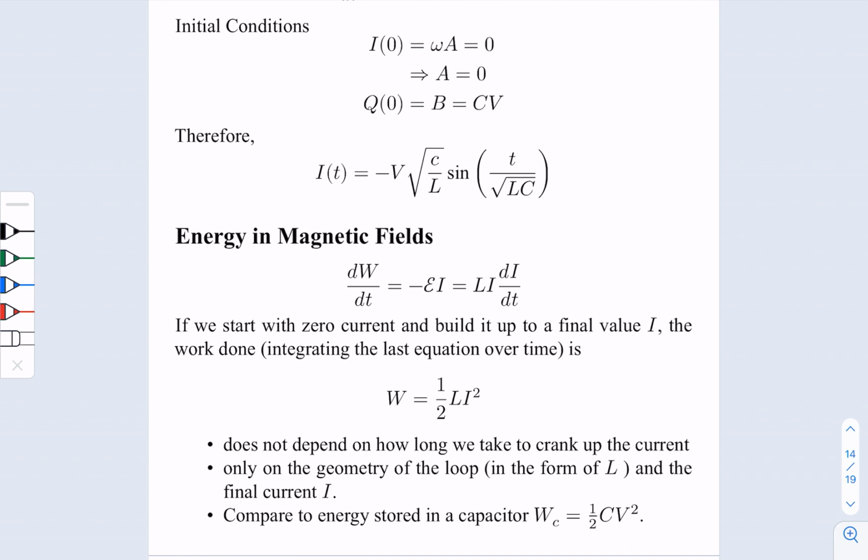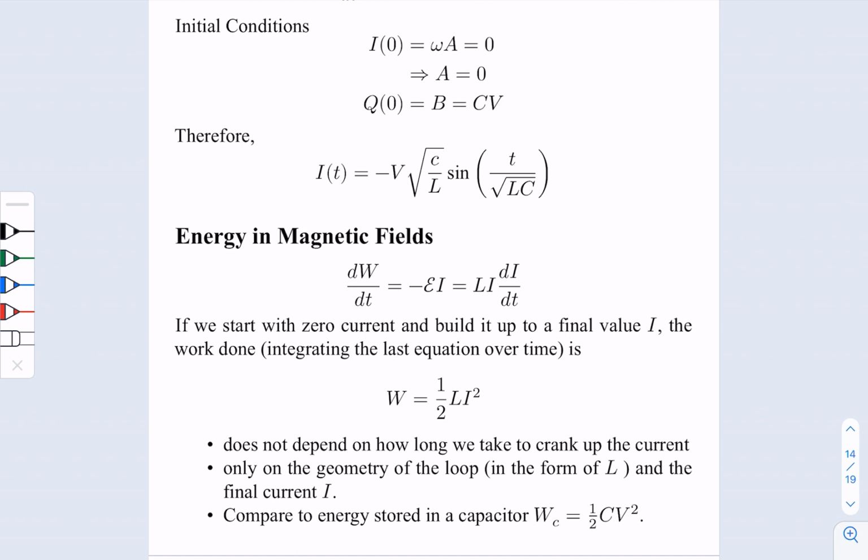Here the derivation is exactly similar, so we can calculate the energy in a magnetic field by slowly ramping up the current in the loop from a small value to the desired value I. And that will give us all the work done over the time.